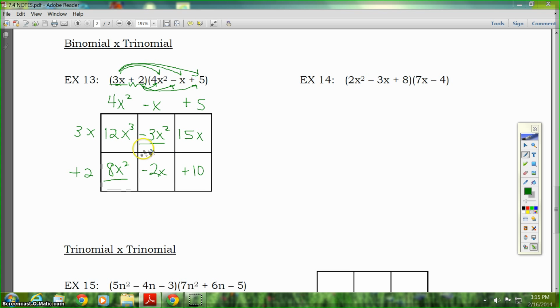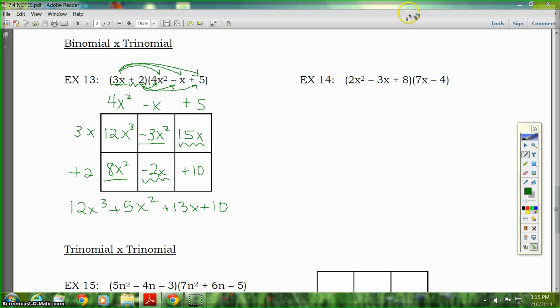So I have my x squared terms here, and I have my x terms here. So I get 12x to the third power. I'm going to combine these, and I get positive 5x squared. And I'm going to combine my squiggle lines, and I'm going to get positive 13x plus 10.